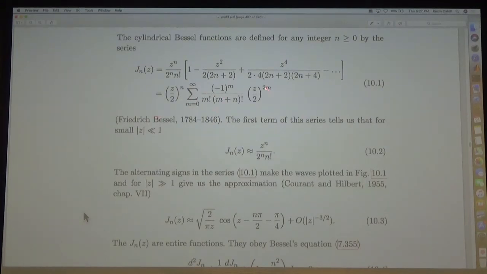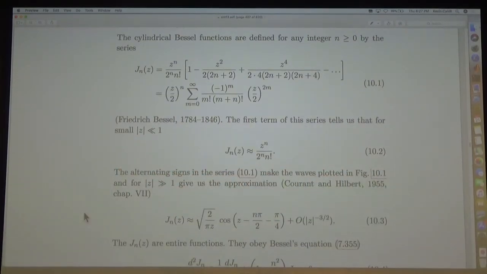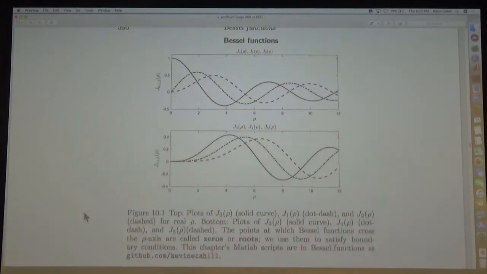For small z, the first term is dominant, and so Jn of z is basically z to the n over 2 to the n n factorial. The alternating series here makes the waves that are seen in figure 1. Figure 1 is a plot of some of these Bessel functions.